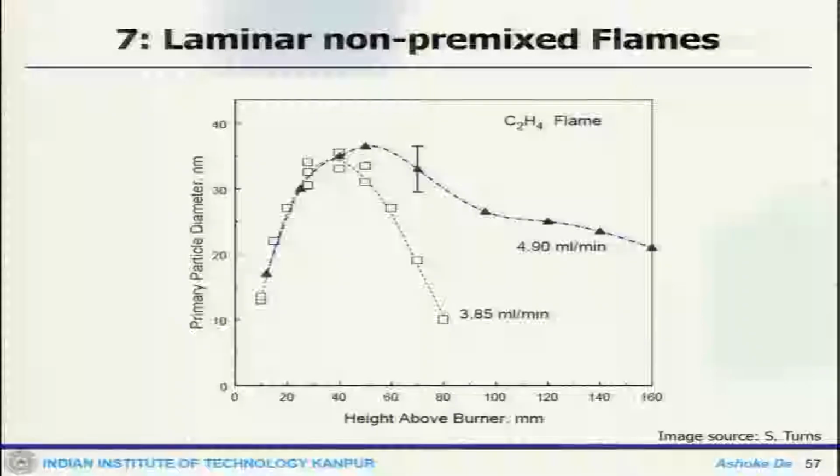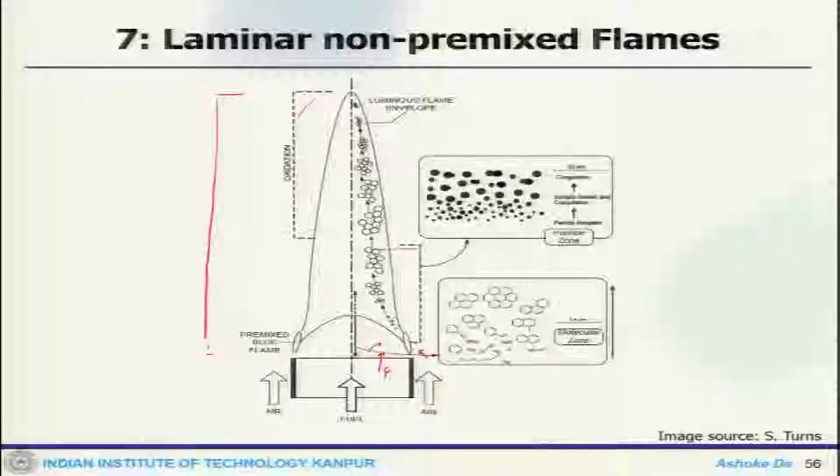Now, here there are some images. These are the primary particle diameter, this is height above the burner, and there is a variation of the fuel flow rate, and you can see how it varies. Up to a certain height there is not much change visible with the change in the flow rate, because up to that point this is the process which takes place.